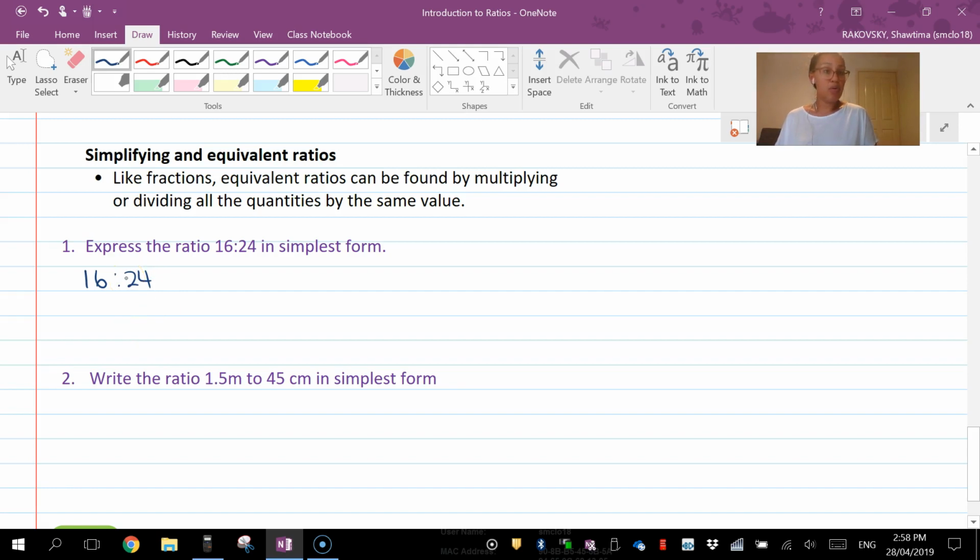You could do repeated 2's. So I'm going to divide by 2, divide by 2. This is going to take us a while. 8 and 12, one more time, 4 and 6, one more time, 2 and 3. Or I can recognize that 8 is a common factor in both of these.